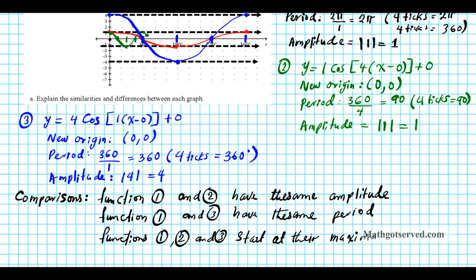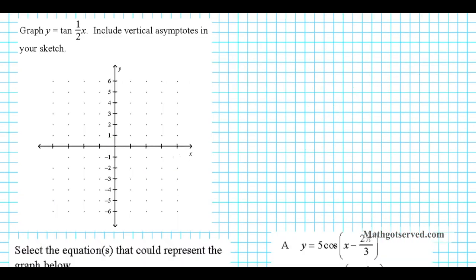Now let's take a look at another example. For question number 3, we have to graph y equals tan 1/2 of x. I'm going to include vertical asymptotes in our sketch. First of all, to know where the asymptotes are, we need to express tan using the quotient identity.